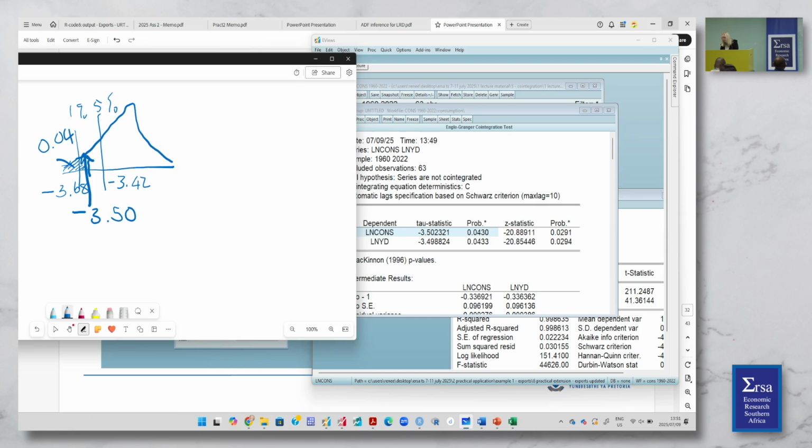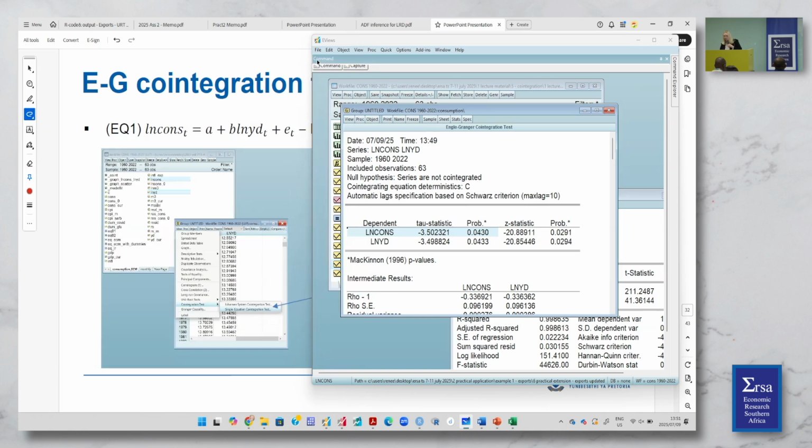So all that we really need is the probability here. We don't really need the critical values. The premise is this would be an oversharing of information. We just give you the p-value and that's enough information.